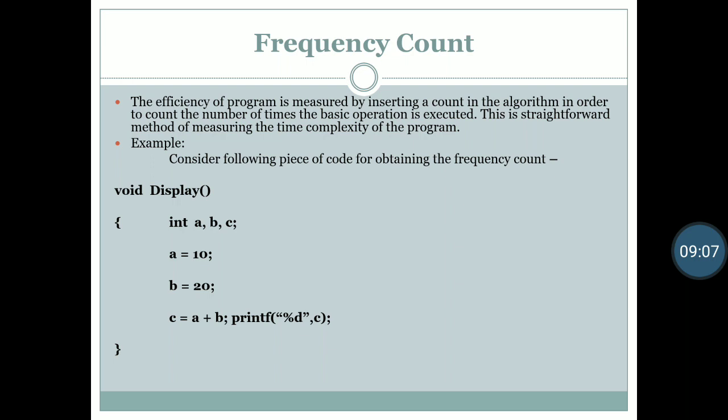Here we have an example of a function. Function name is display. In that display function, we have 4 instructions. First one is int a, b, c. Second is a is equal to 10. Third is b is equal to 20. And fourth is c is equal to a plus b. Next, printf c.